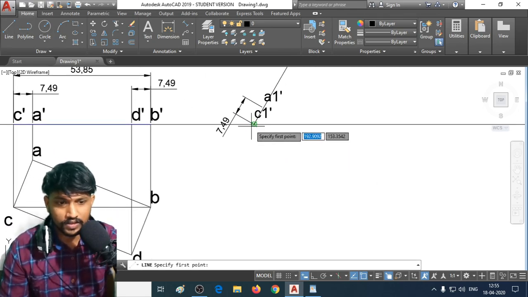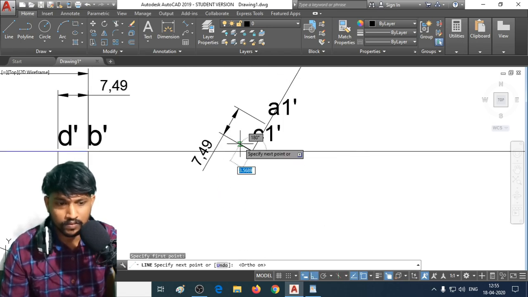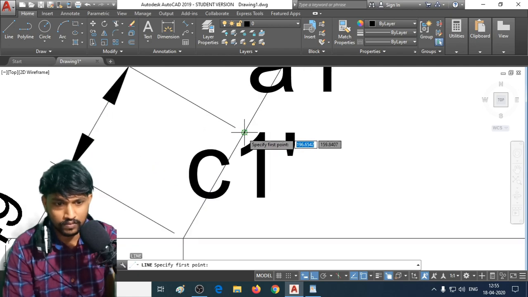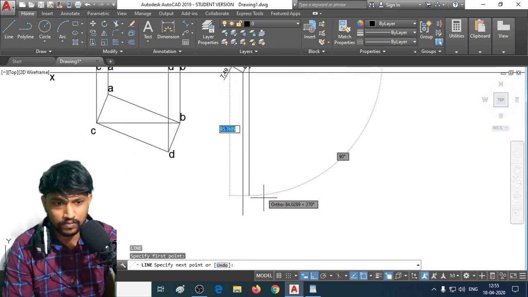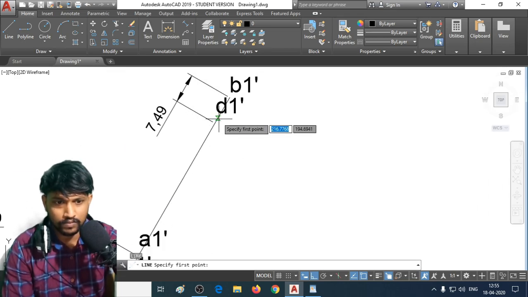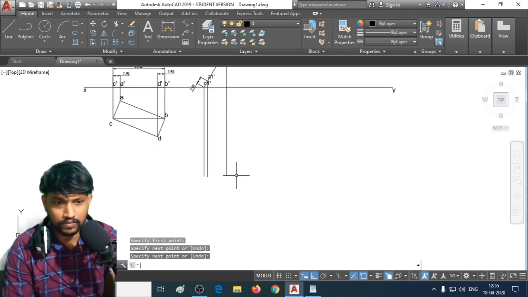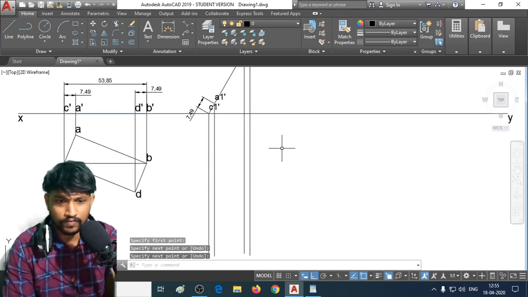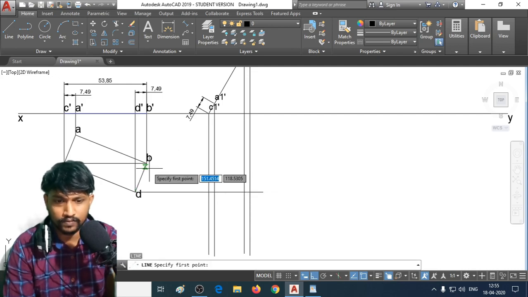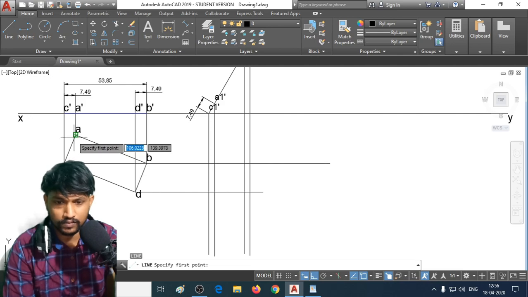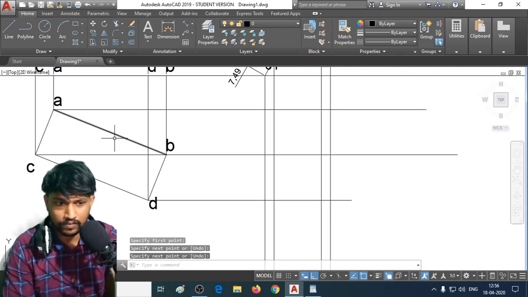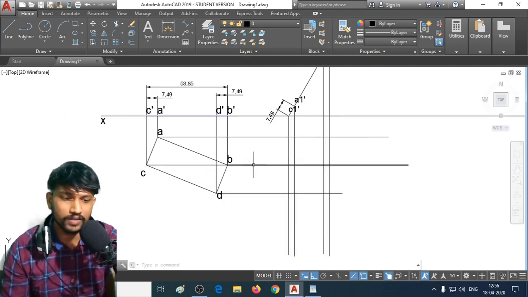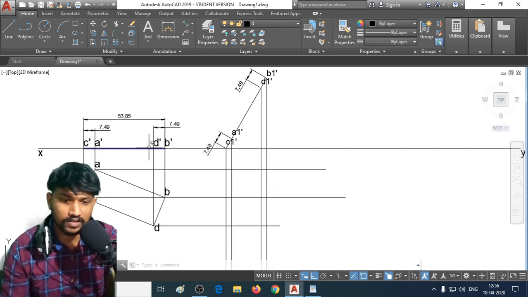We need to draw the projections. Okay, C and B will be on the same line because this is just a horizontal line, because this diagonal is actually parallel to the xy line.